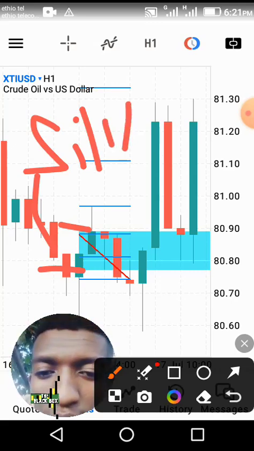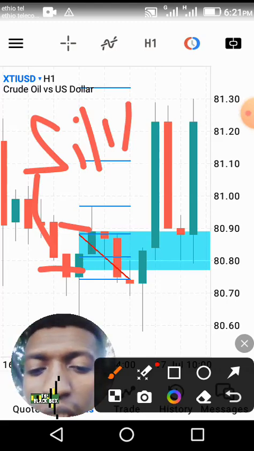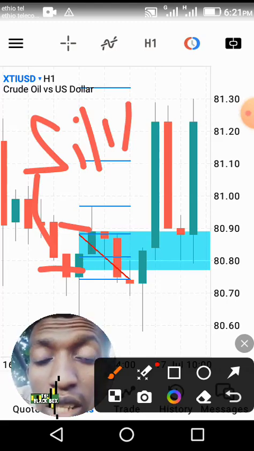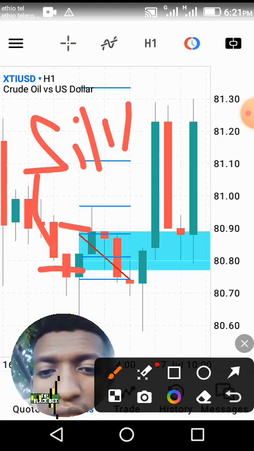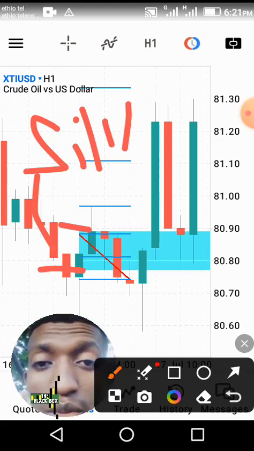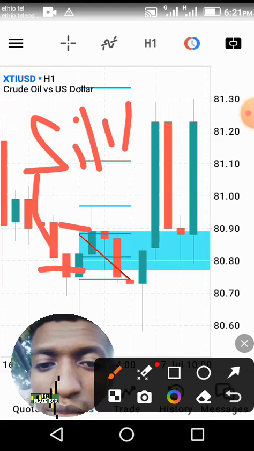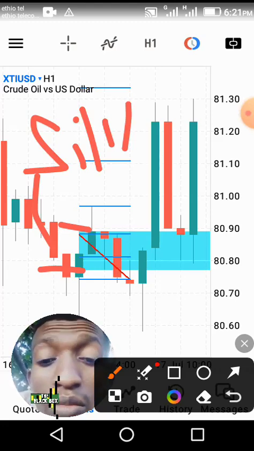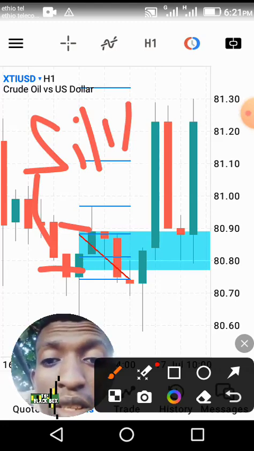What does that mean? Risk-wise, it is risky. It is a risky place to take a trade, but it is a high probability place to take a trade.